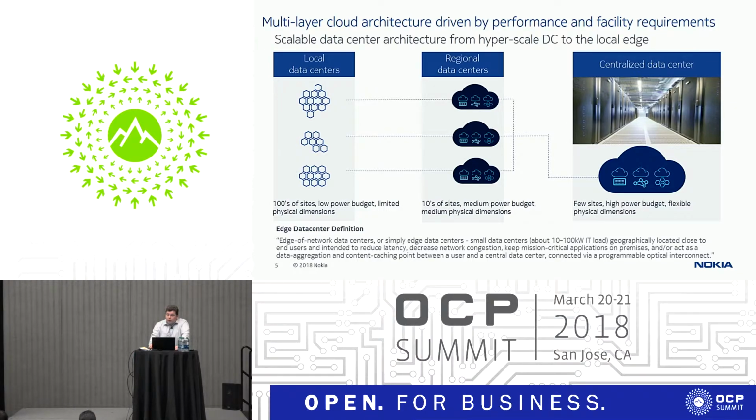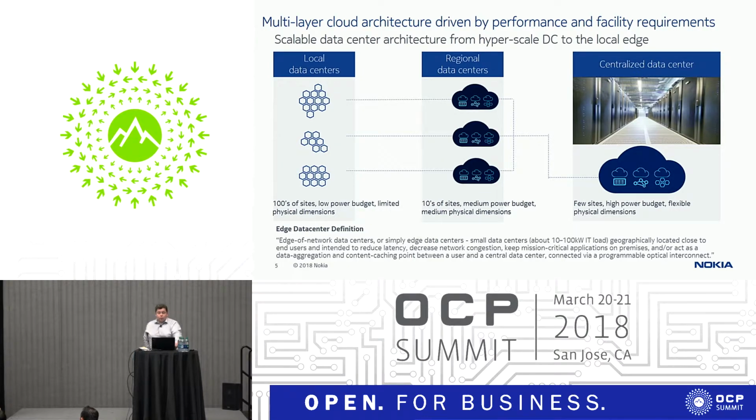Whereas in the regional data centers, where we are talking still about a few tens of sites in the networks, there are already limitations in the power budgets and as well what kind of dimensions we would be able to support in the deployments.